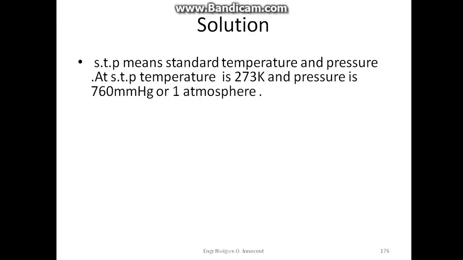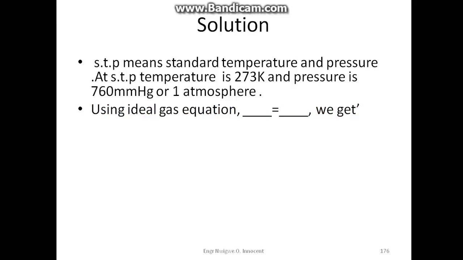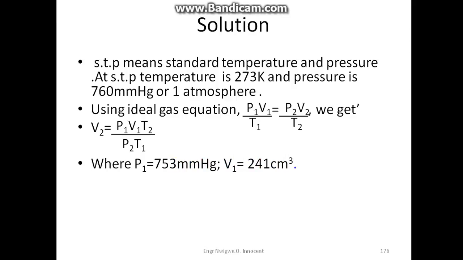At STP, temperature is 273 Kelvin and pressure is 760 mm of mercury or 1 atmosphere. Using the ideal gas equation, P1V1 over T1 equals P2V2 over T2, we get V2 equals P1V1T2 all over P2T1, where P1 equals 753 mm of mercury, V1 equals 241 cm cube.